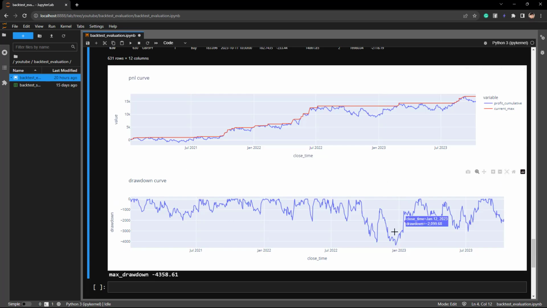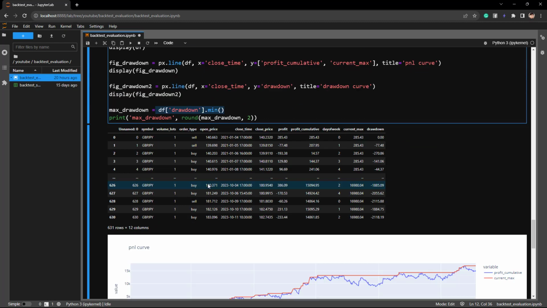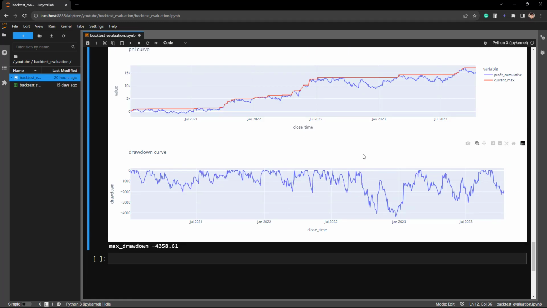And to get that value, the maximum drawdown would be the minimum value of this drawdown column that we've calculated. So this strategy overall had a maximum drawdown of minus 4,358.61 US dollars.